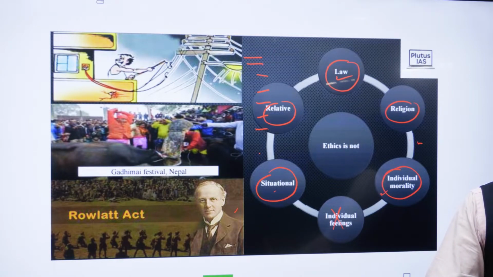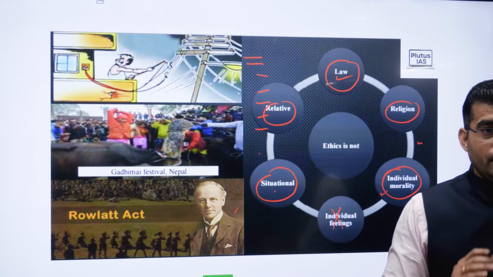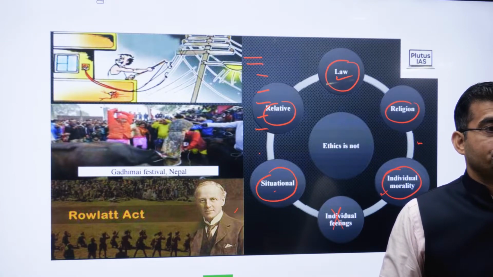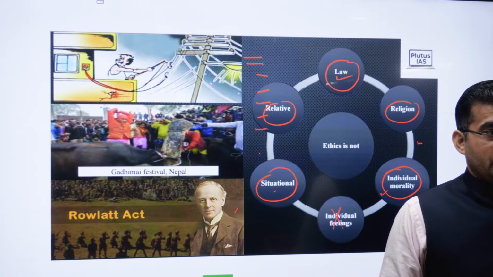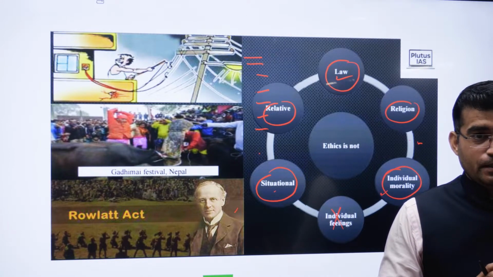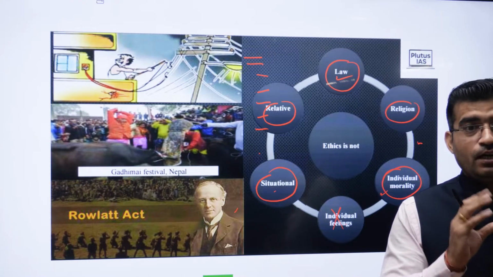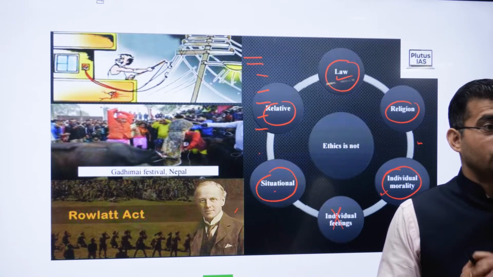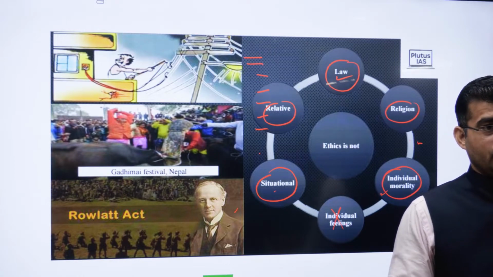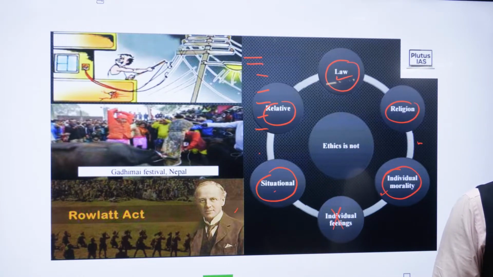The ethics of one society can be different from another society. For example, I am quoting the Constitution of America. You know that the American Constitution has endowed the right to hold arms to the citizens of the US. But in spite of that, we left that right, and we didn't provide this kind of right to citizens of India.